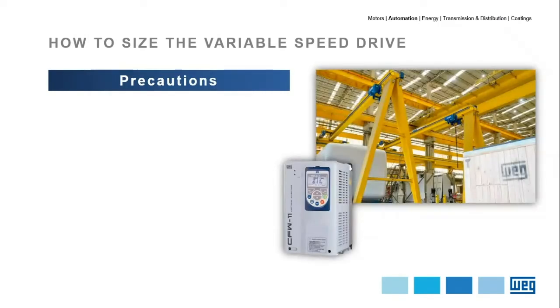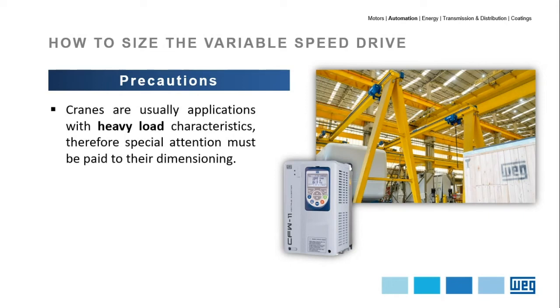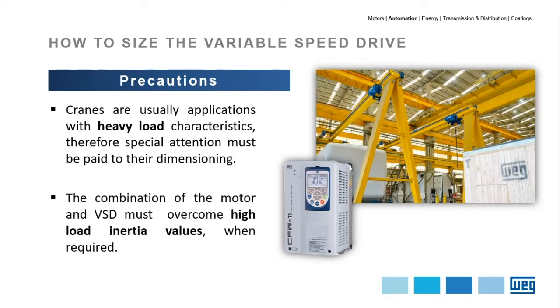Some precautions are also important to be paid attention to. As you are aware, cranes are usually applications with heavy load characteristics. Therefore, special attention must be paid to their dimensioning. The combination of the motor and the VSD must overcome high inertia values when required.